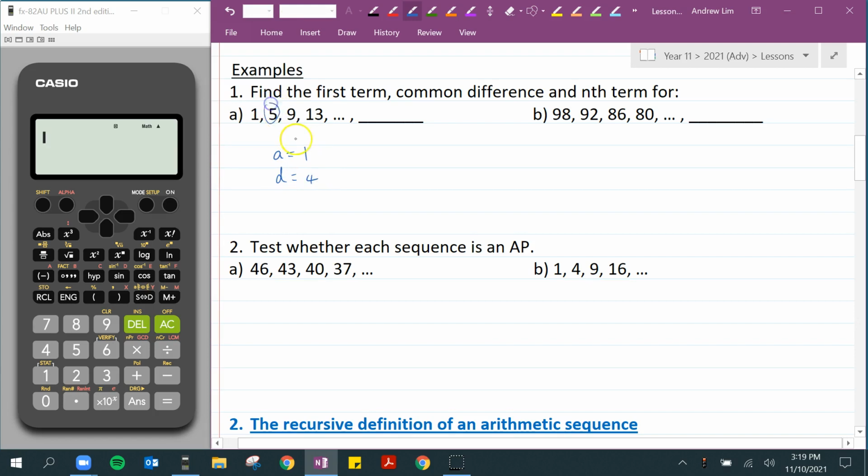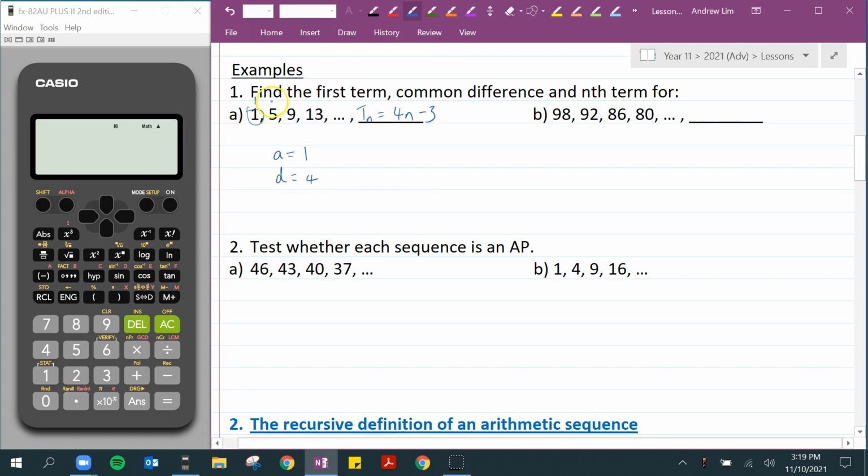Or we can just say a number minus the previous term: 9 minus 5 is 4, 13 minus 9, that's 4. And so from here we can tell that the nth term has to be equal to 4 times n, because the difference is 4. So that's the coefficient of n. 4 times n, and then what are we going to do to that? Well, 4 times 1 is 4, minus 3 will give us that 1.